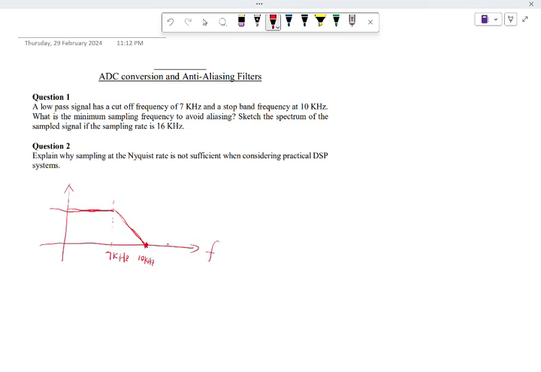So in order to avoid aliasing, we need to double the frequency of the highest frequency component. So we need at least 20 kHz.